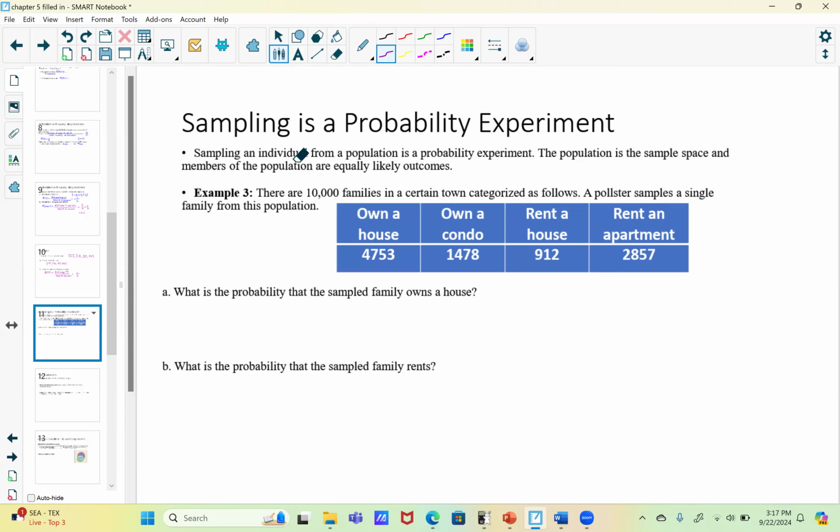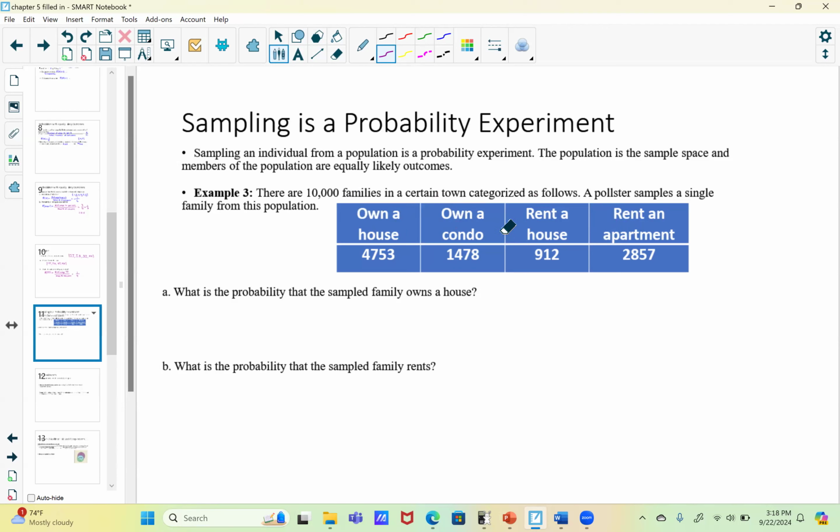Sampling an individual from a population is a probability experiment. The population is the sample space, and the members of the population are equally likely outcomes. The total outcomes would be the total number of people sampled, and the outcomes of the event are one of the categories in the table.